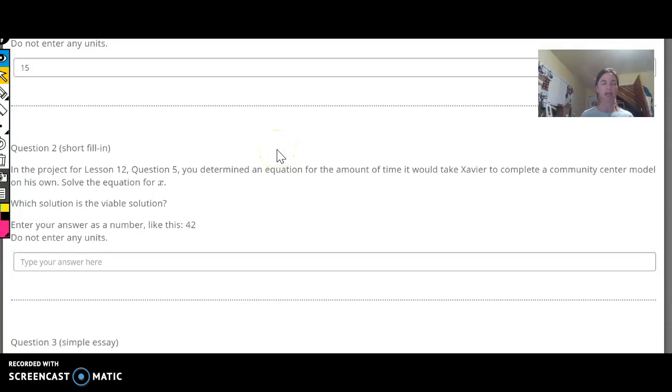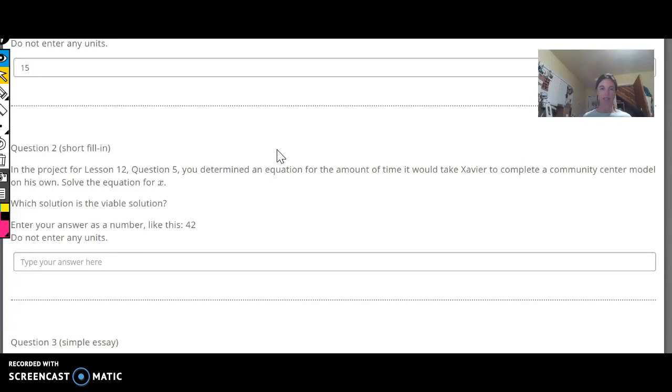Question 2. We determined an equation for the amount of time it would take Xavier to complete a community center model on his own. And so let's see, this was lesson 12, and I did take notes, which I recommend that you do as well.